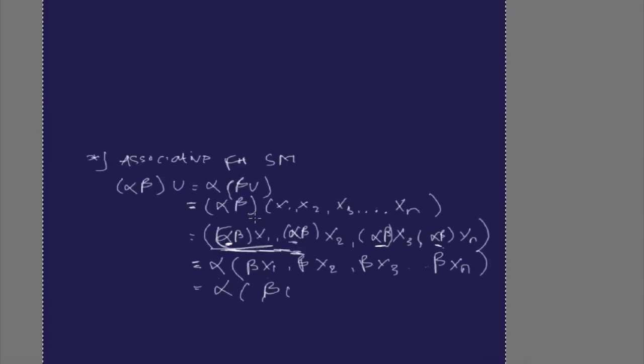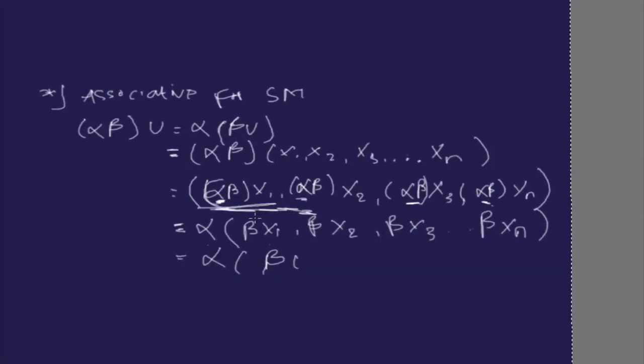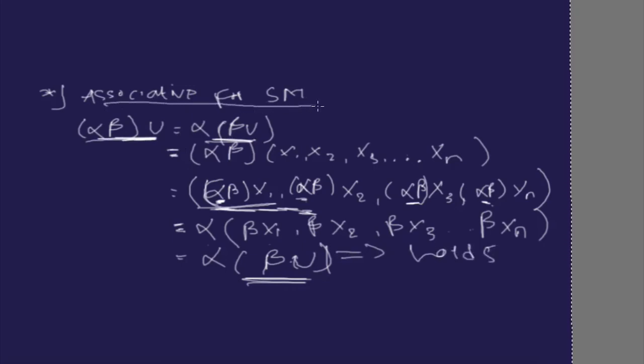So this is alpha beta u, and it is proved. You see, it's the result of this one. So it holds the associative property for scalar multiplication.